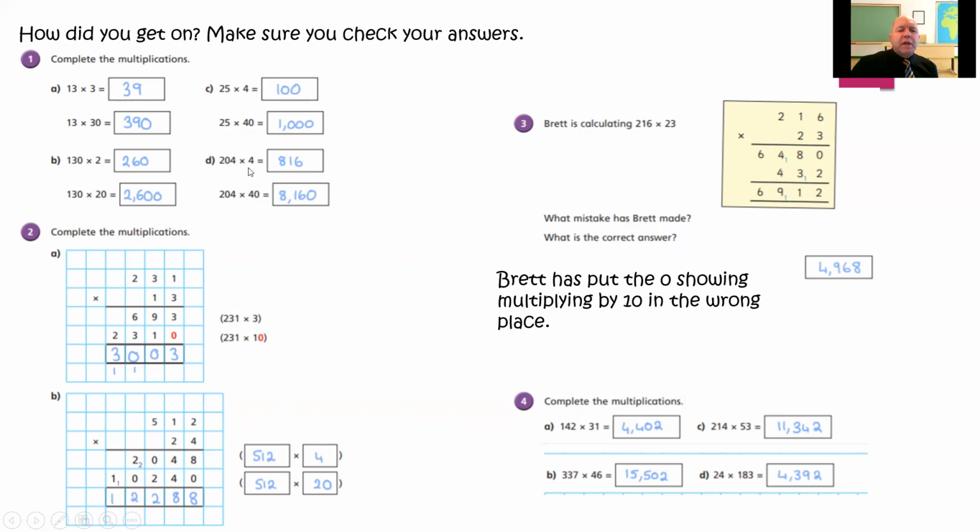And 204 times 4, 816. 204 times 40 is 816 with a 0 on it, so 8,160. Well done if you've got those 8.